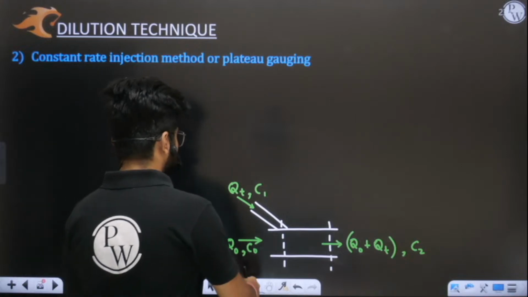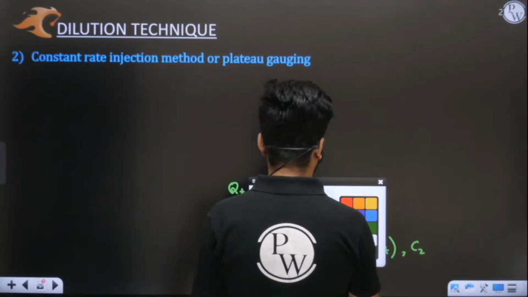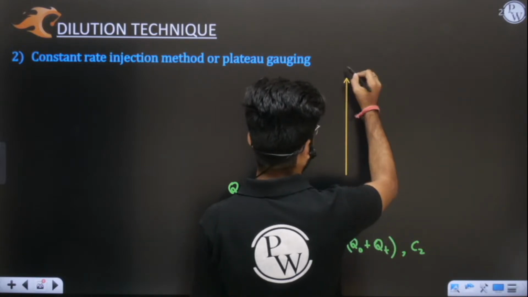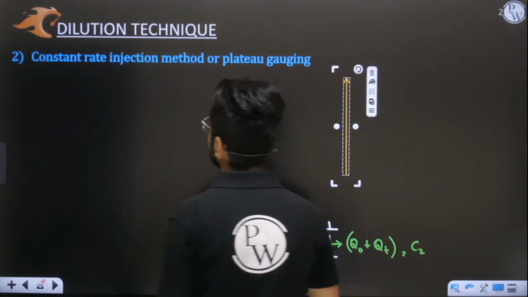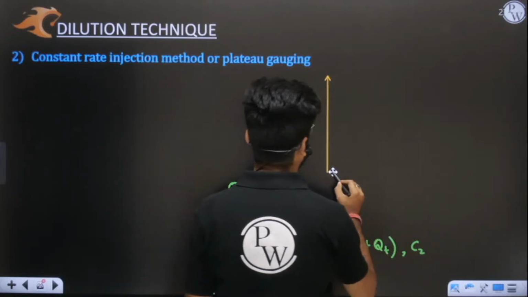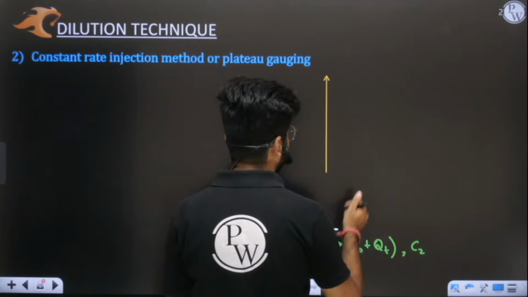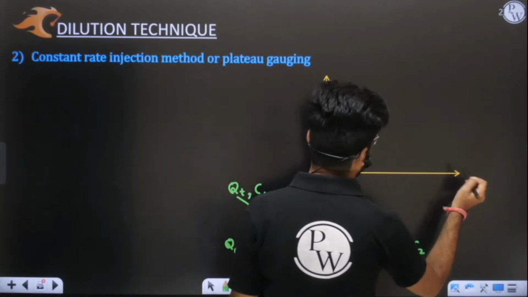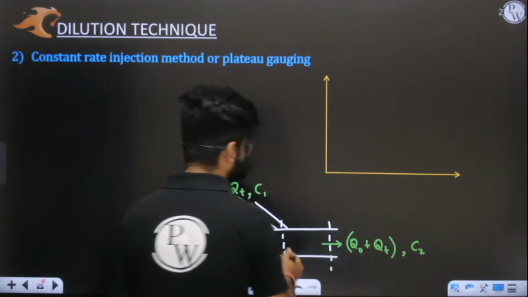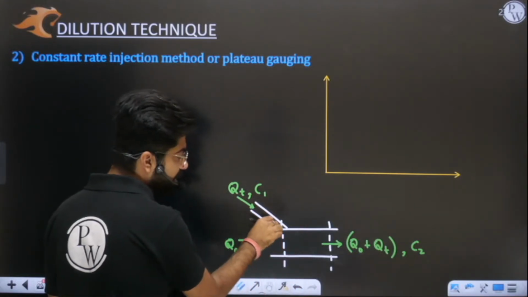Now, if I am going to draw a concentration versus time graph for the constant rate injection method, what I will observe here is that at section 1 we are continuously injecting the tracer at a constant rate.